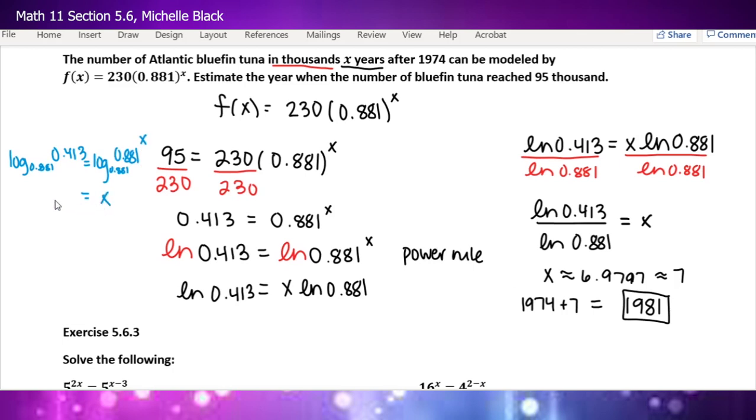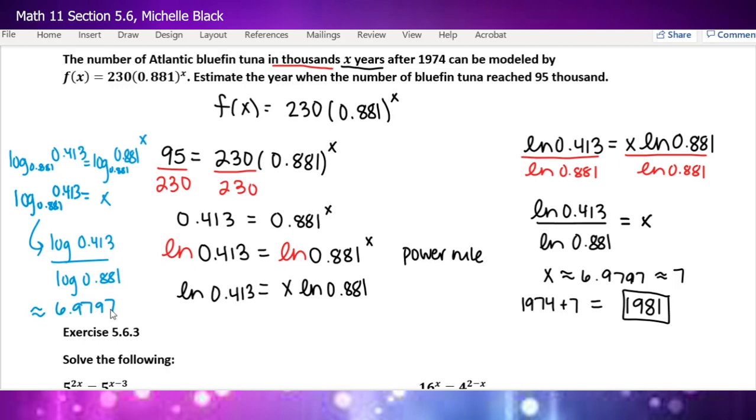It would have left you with x, and then you have log base 0.881 of 0.413, and you would utilize the change of base formula to say that this thing was the same as log of 0.413 divided by log of 0.881, and again you'd get that same number.